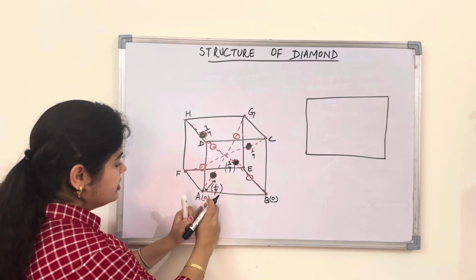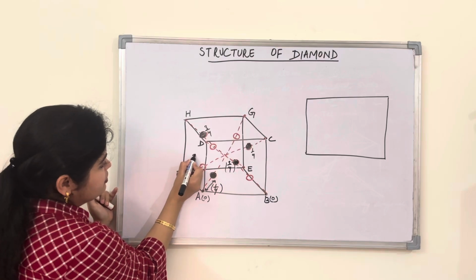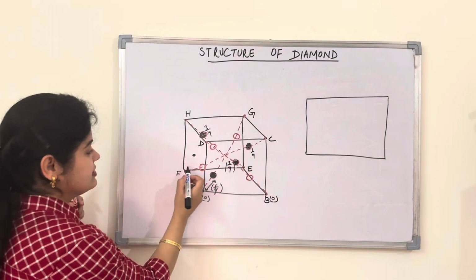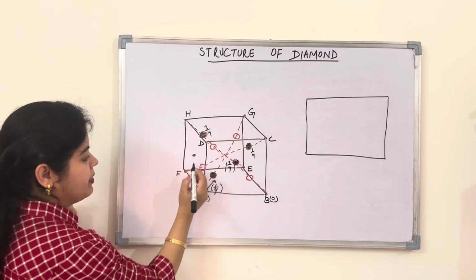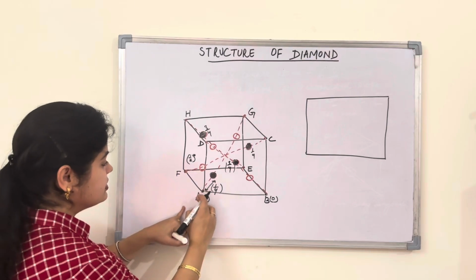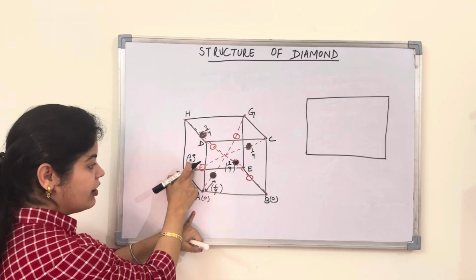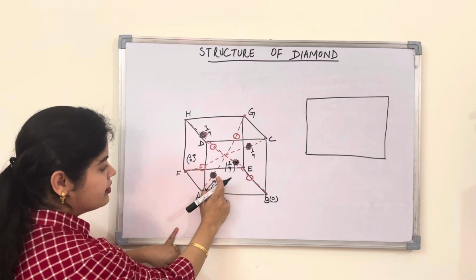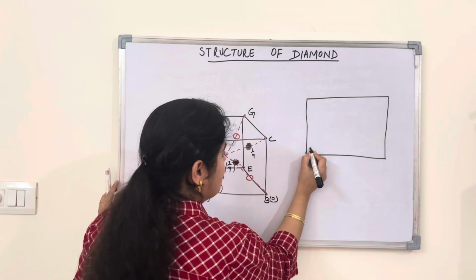If this is at 0 position, then my face centered atom, which is on all the faces, but I'll just explain here, will be at length 1 by 2, half of the edge length. So this is 0 position, the face centered atom is at half position and the tetrahedral void atom is at 1 by 4 position.